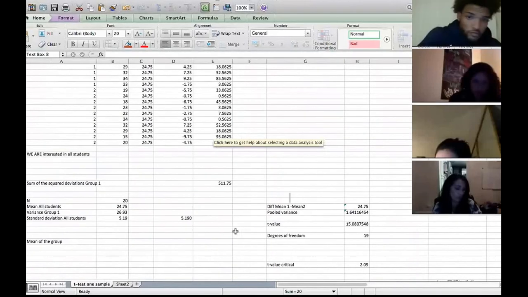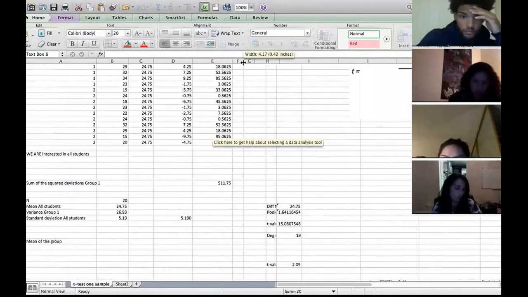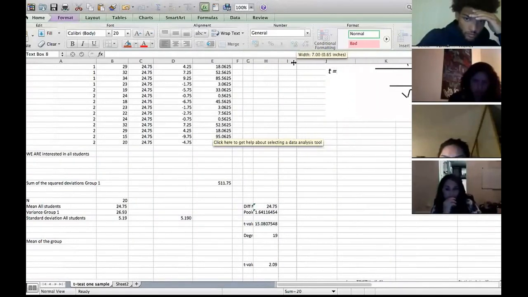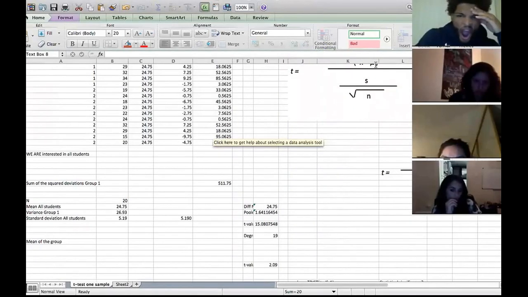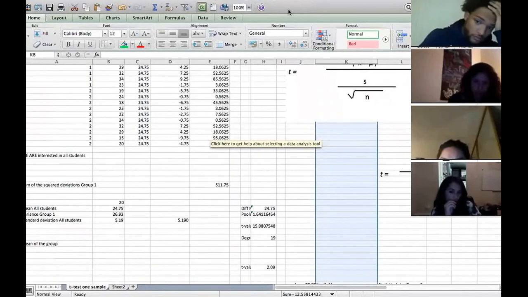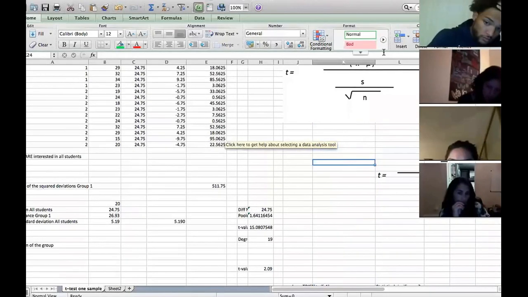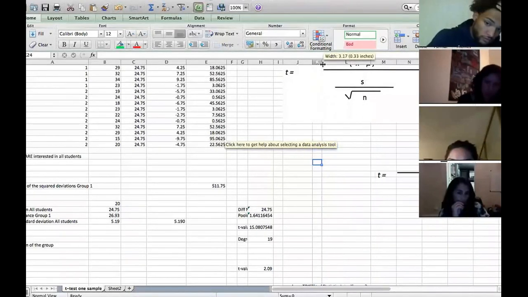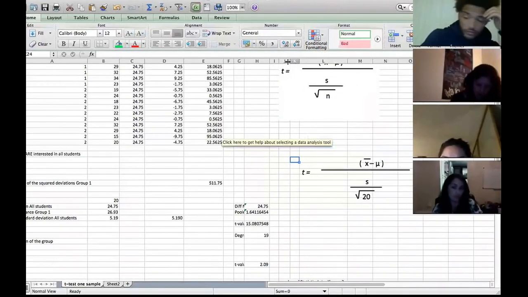I'm going to scoot this over so that you see both of them. I'd like you to plug these numbers into the formula. Can you see the numbers and the formula? Does it work all right?